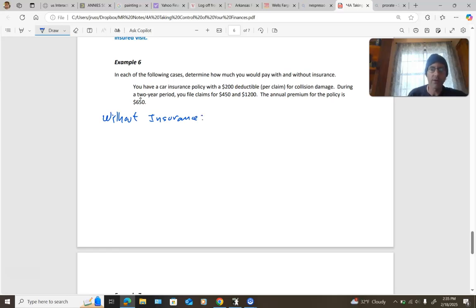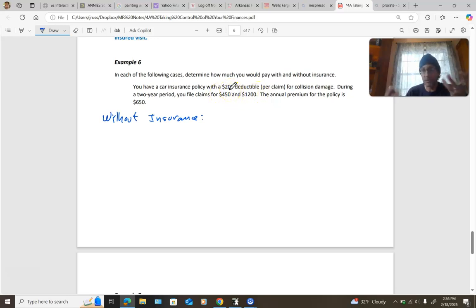Okay. So without insurance, of course, you're not going to pay the premiums, so you can ignore the $650. And you can forget about the $200 deductible. That's not going to be pertinent. You're going to have to pay for these two expenses yourself.